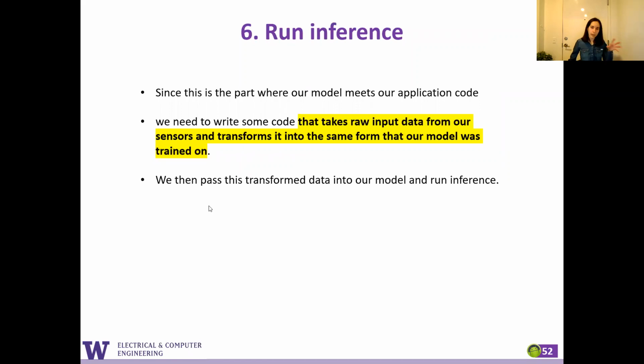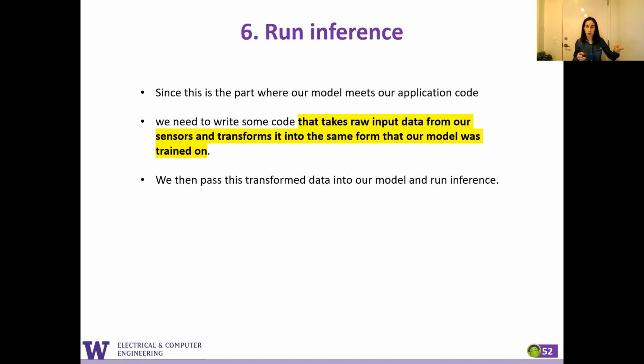Okay, now that we have the model, I'm going to show how easy it is to integrate into your app. But the key thing when you want to run inference is that you need code that takes the raw input data from the sensors, or in general, and puts it in the same form that our model was trained on. You trained on hand-written digits where the input was an array of pixel values.